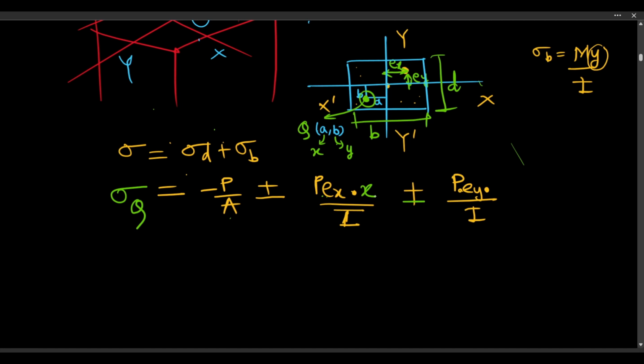It is x, upon the moment of inertia about the y axis, that is Iyy. And the distance from the x axis means this is the moment about the x axis. You can see if the load is acting over here, the moment must be about the x axis. So this is the moment, but moment into y, what should be the value of y? We are interested to find the stress at point Q. So y means distance from the x axis, that would be b, and this is Ixx. Why Ixx? Because it is about the x axis.